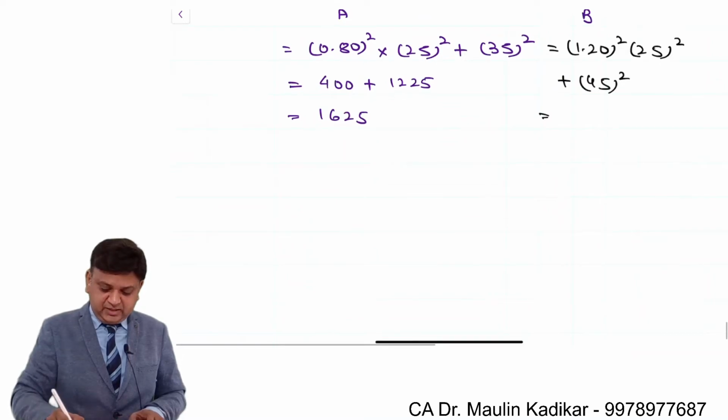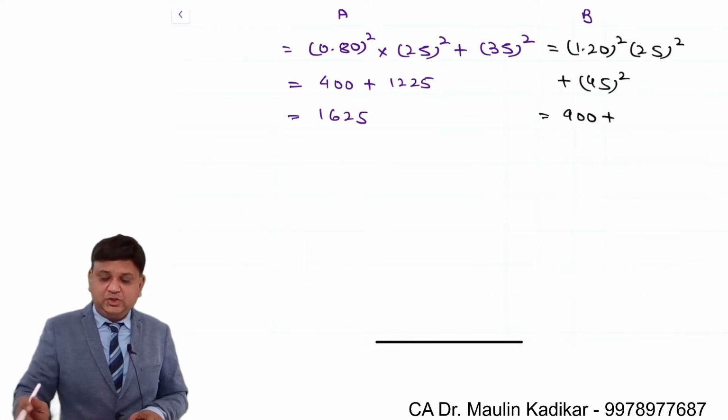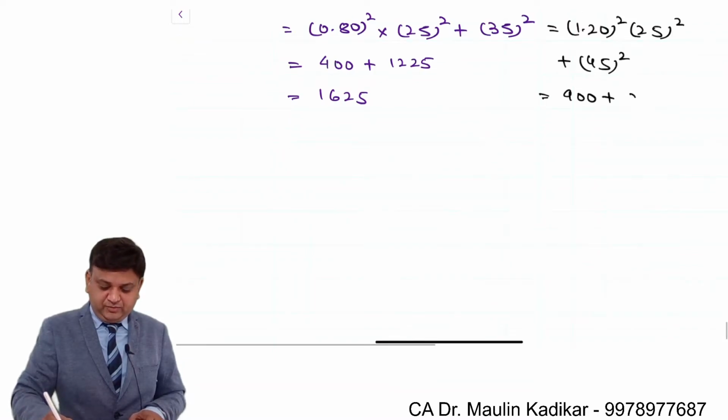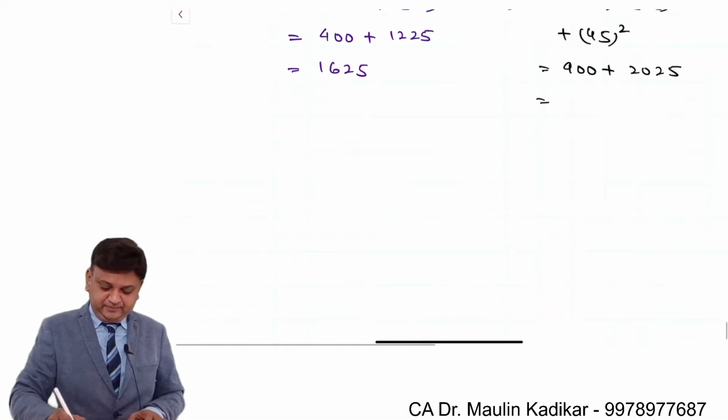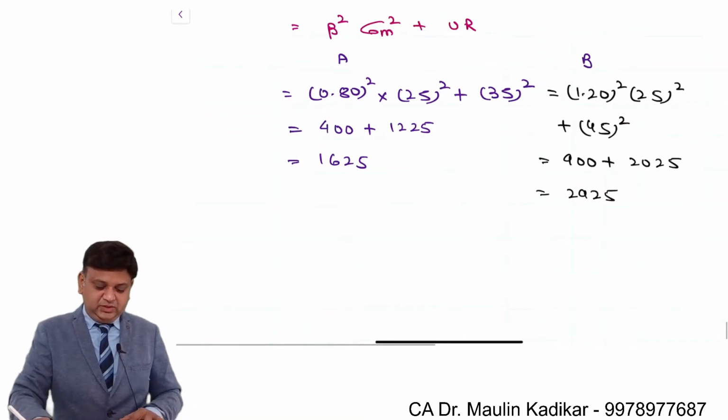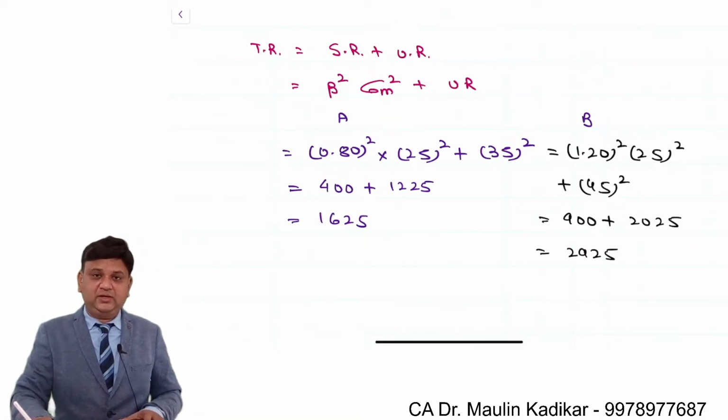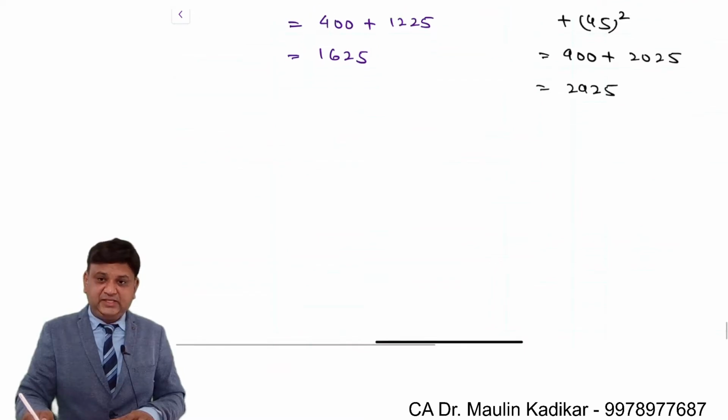So that comes to 900. Square of 45 is 2025. Total it is 2925. This is the way, first of all, total risk variance is calculated, then standard deviation.